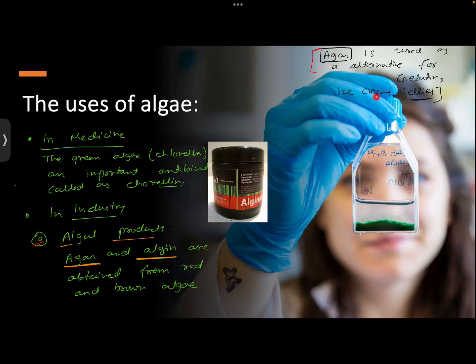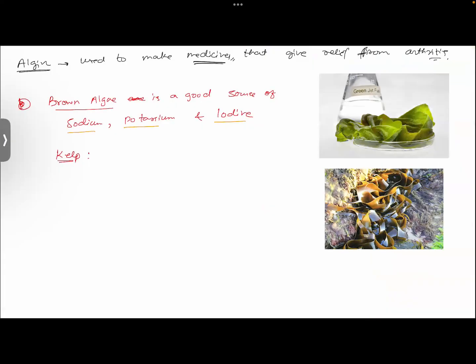Agar is also used in making certain creams, ice creams, jellies, etc. Then you have algin that is used to make medicines, particularly those that give you relief from arthritis. You guys understand what arthritis is?